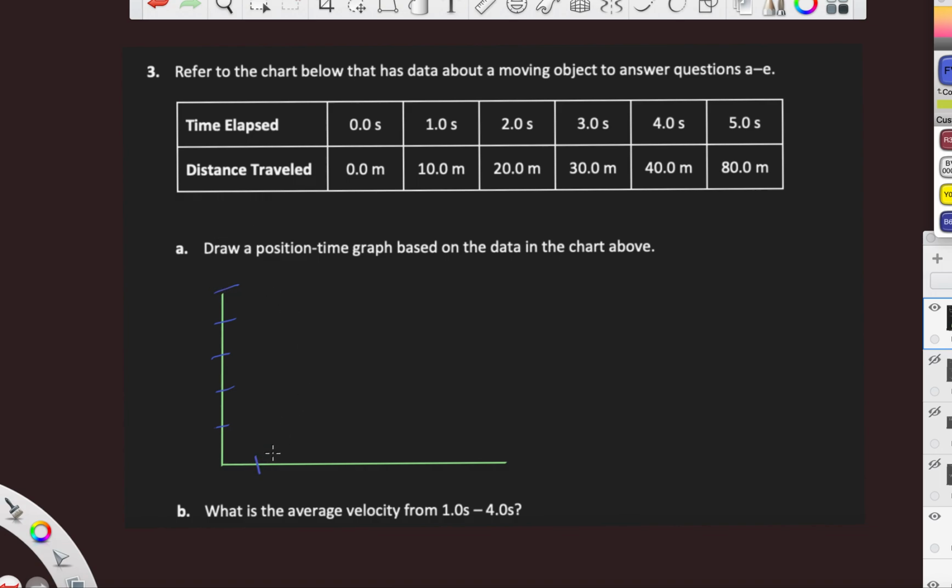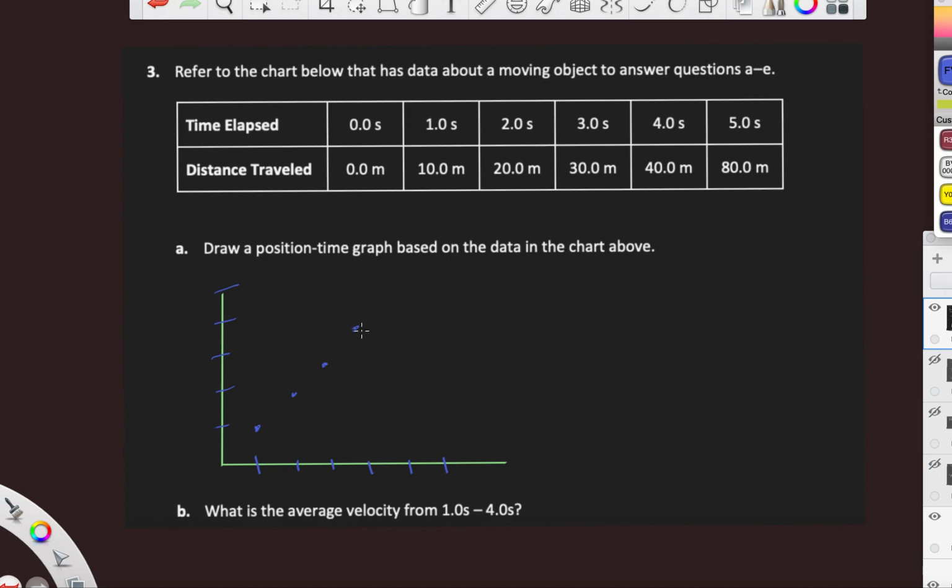Here is 1 second, 2 seconds, 3 seconds, 4 seconds, 5, 6, etc. All right? So I'm going to put a dot here at 1 and 10, 2 and 20, 3 and 30, 4 and 40.